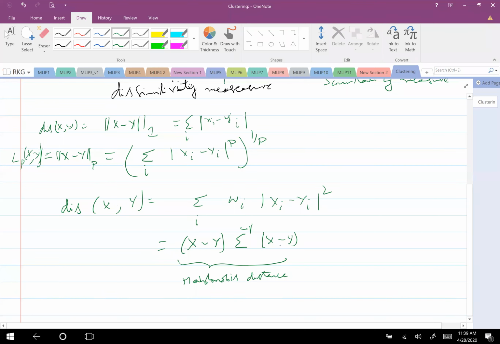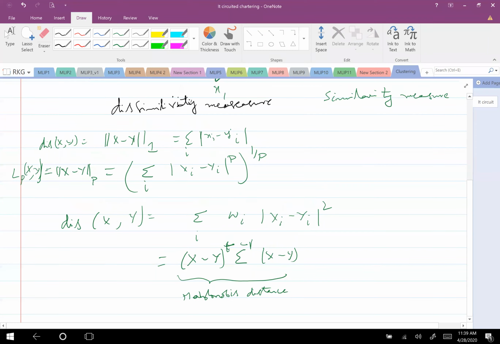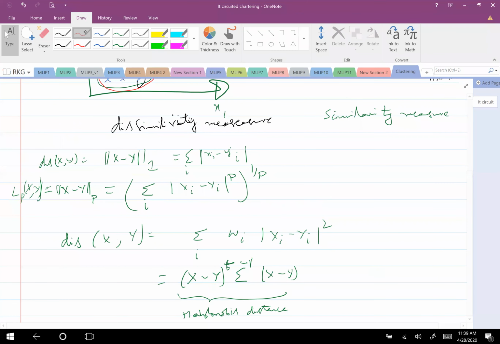This also gives a distance measure, x minus y transpose into sigma inverse into x minus y. Where have you seen this? In multivariate Gaussian distribution, you have seen this, right?